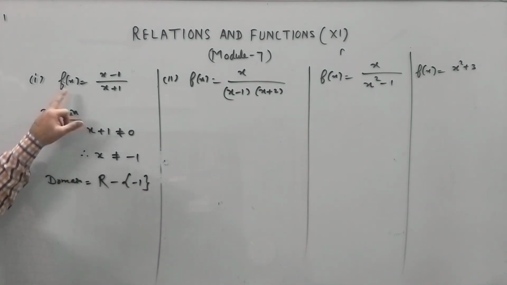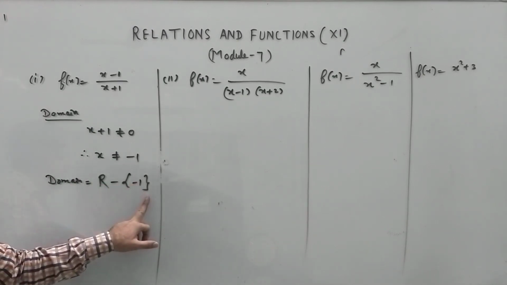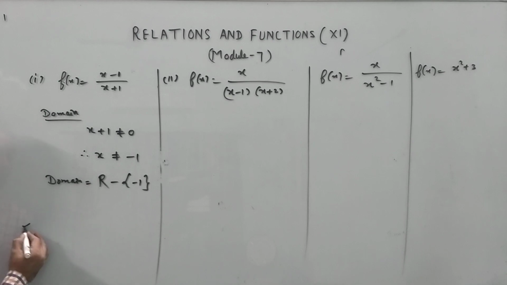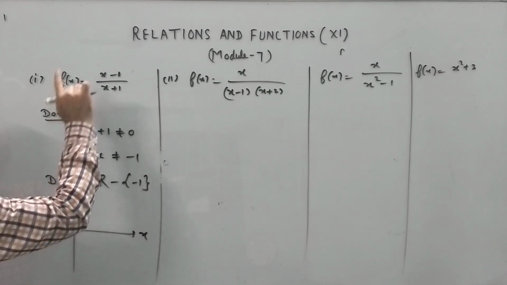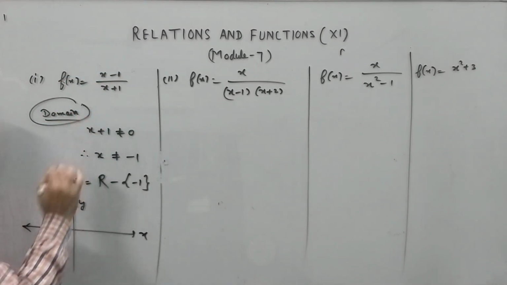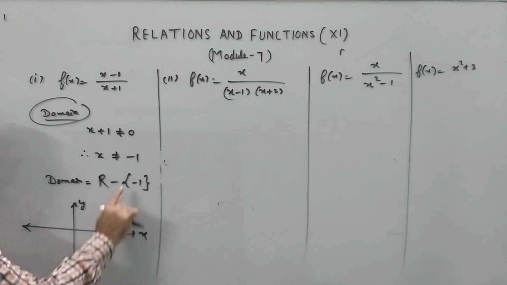For this question, domain is all real numbers except minus 1. What is this R? This R is the x-axis, and this is called the y-axis. When we talk about domain, we talk about the x-axis.